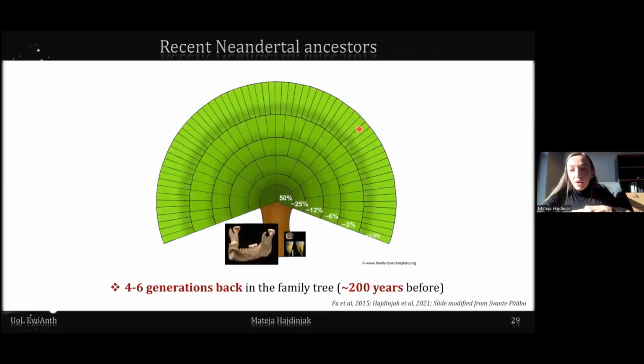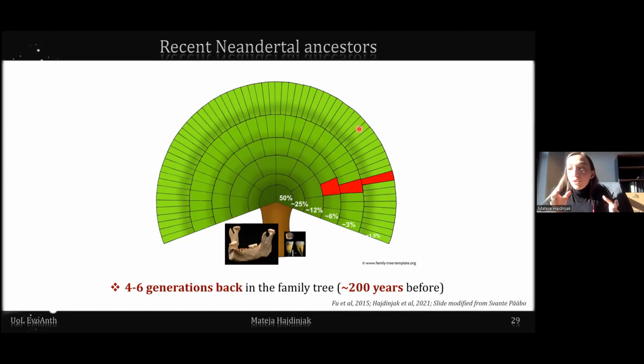So in the case of the molar from the Bacho Kiro cave or the Oase 1 individual, these individuals had a Neanderthal ancestor 4, 5, or 6 generations before they actually lived. And if we use the human generation time and calculate how far back in time that would be, it's just around 200 years before these individuals were living.